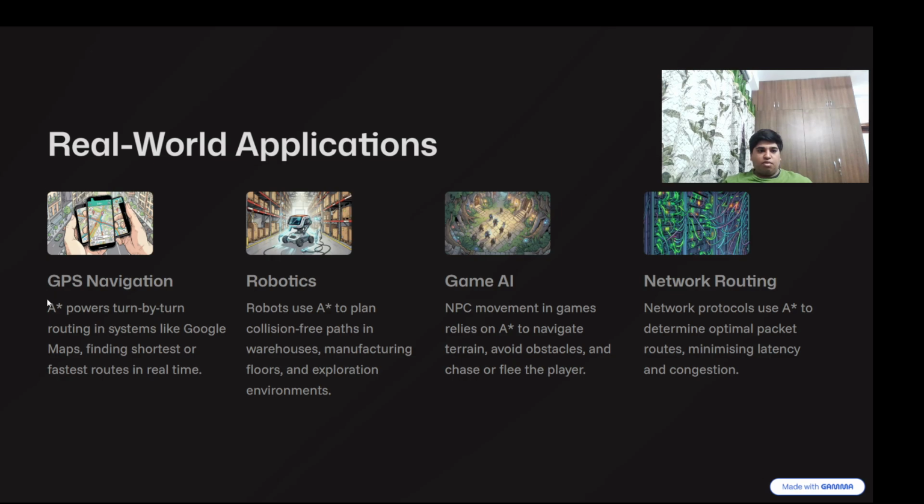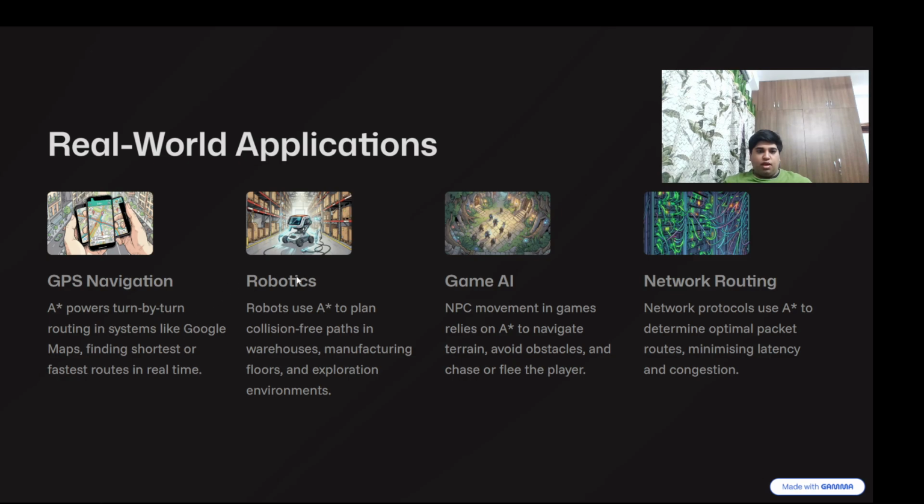And if we see each in detail, we come across GPS navigation, which I have shown here. A star powers turn by turn routing in systems like Google Maps, Apple Maps, or any kind of navigation maps found on the internet, and it helps in finding the shortest or fastest routes in real time.